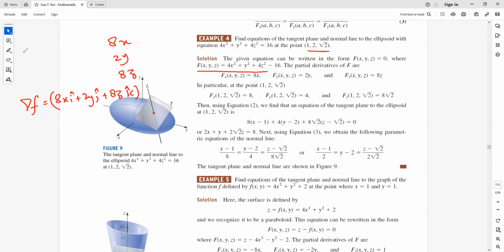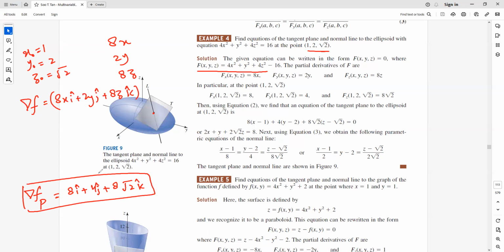So this is the x coordinate, that is 1, that is actually x naught, and y naught is 2, and z naught is square root of 2. Now when we plug in these points, we find the gradient at the point, that is 8i plus 4j plus 8 square root of 2 k. All right, now we have the gradient of the surface at this point.